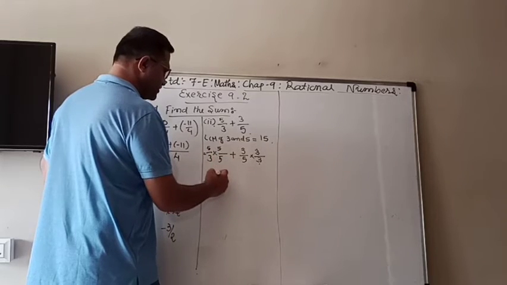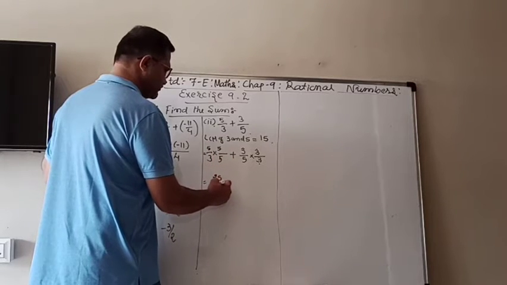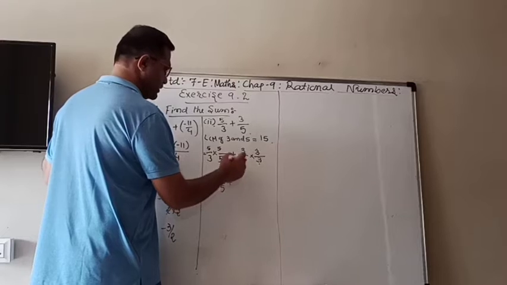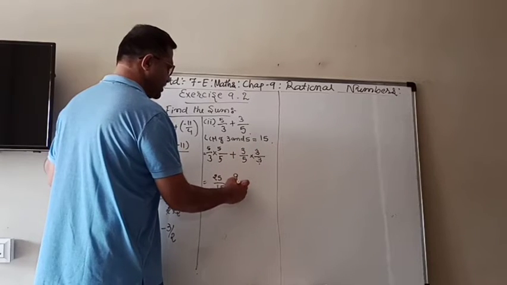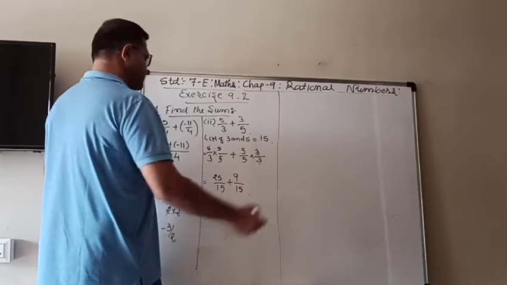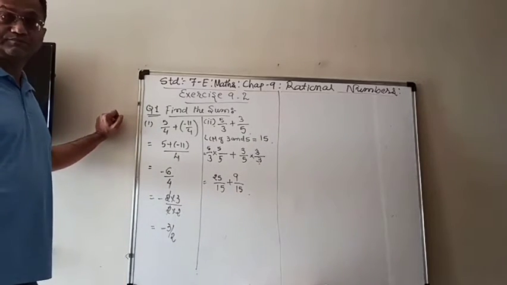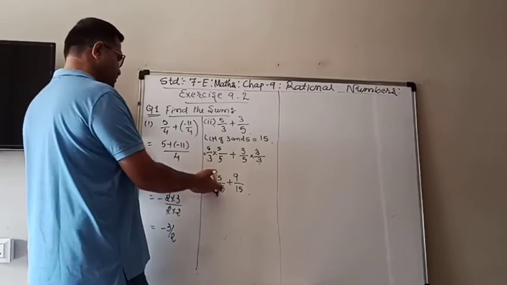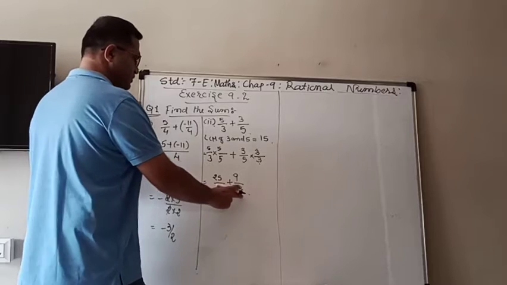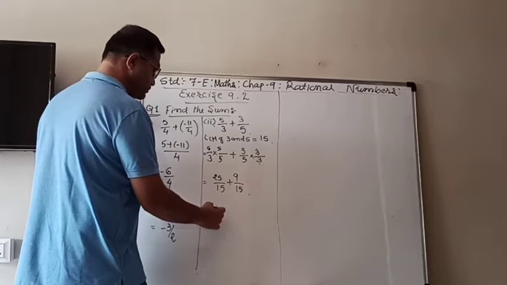That is 5 5s are 25 upon 15 plus 3 3s are 9 upon 15.